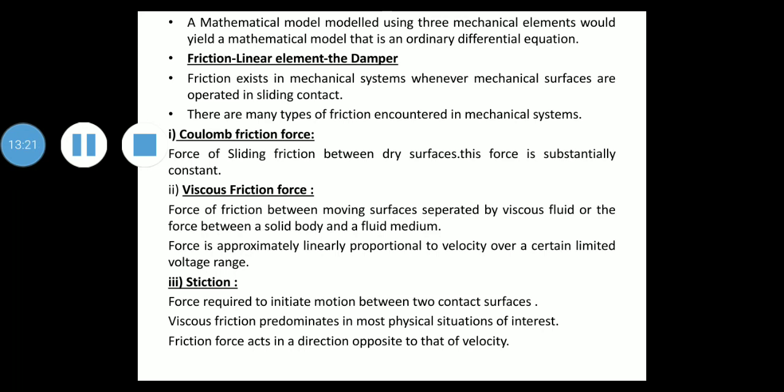The viscous friction predominates in most physical situations of interest. Is it clear? Now, the friction force acts in a direction opposite to that of velocity.